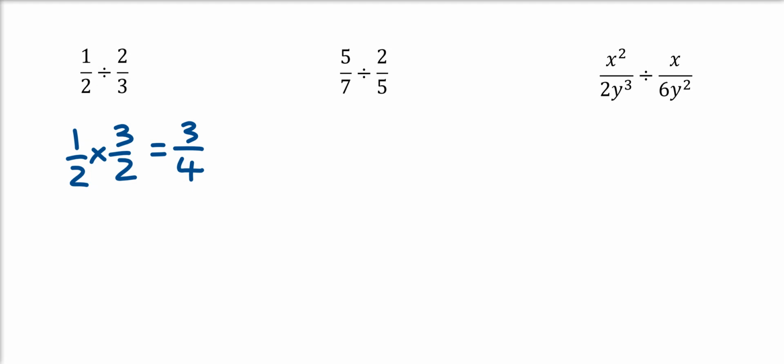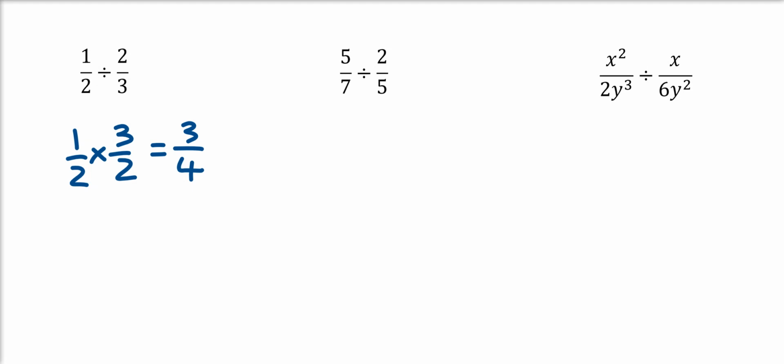Okay, so what you do, I'll explain it now. I'll do it for this one because it's nice, easy numbers. With addition, with subtraction, what do you need to do when you're dealing with fractions? Okay, common denominator, right? Yep.